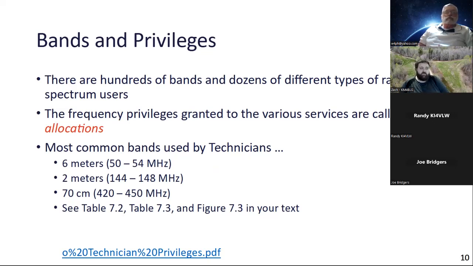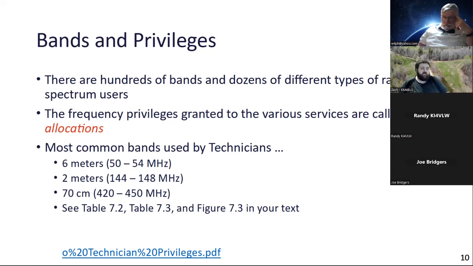One is 6 meters, which is 50 to 54 megahertz. 2 meters, you can operate anywhere between 144 to 148 megahertz, and 70 centimeters, 420 to 450 megahertz. Most of you will probably start out on 2 meters, or 2 meters and 70 centimeters. But of course, 6 meters is there as well, if you'd like to get into it.